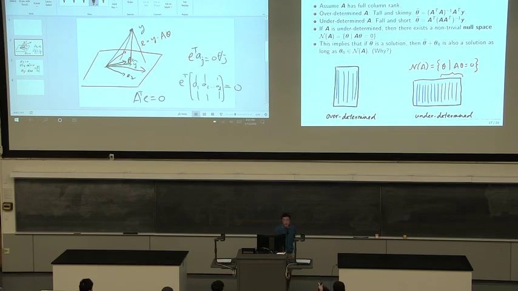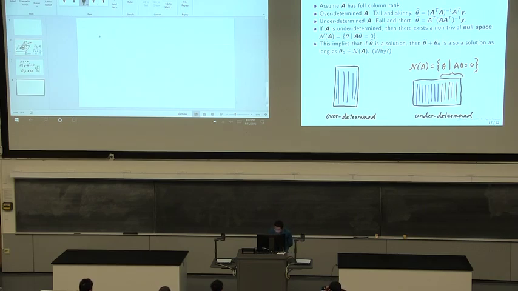What does it mean? It means that if theta hat is a solution, then theta hat plus theta 0 is also a solution. Why? If you look at theta hat plus theta 0 and apply A, you will get y, and you will get 0.